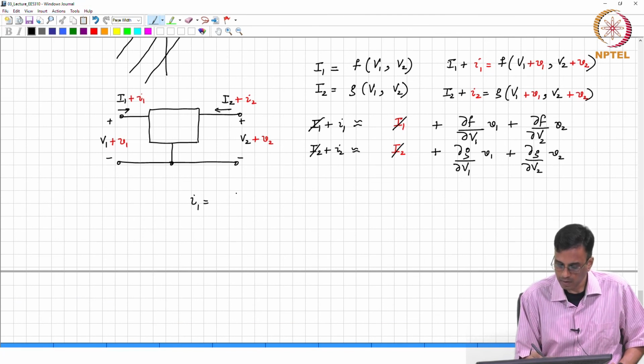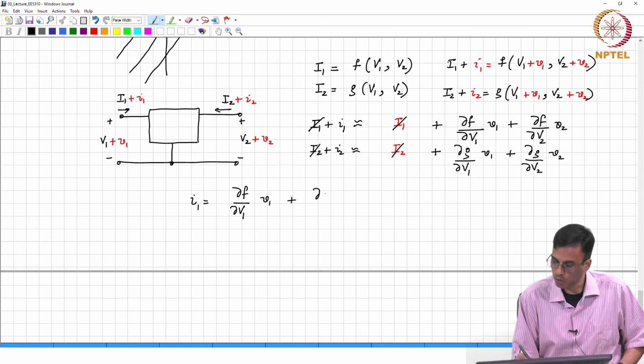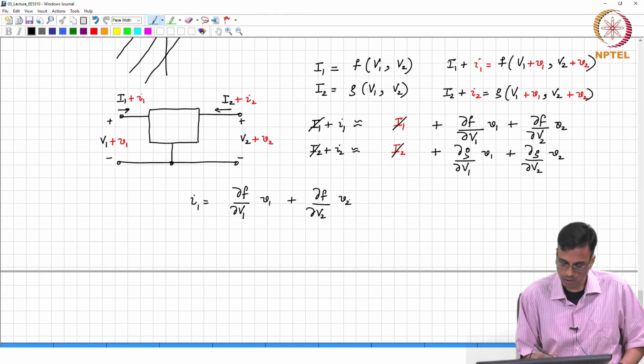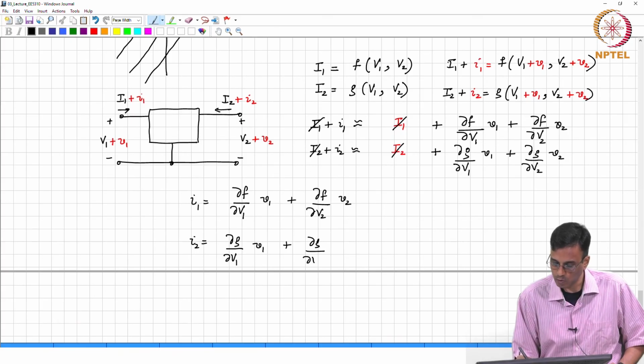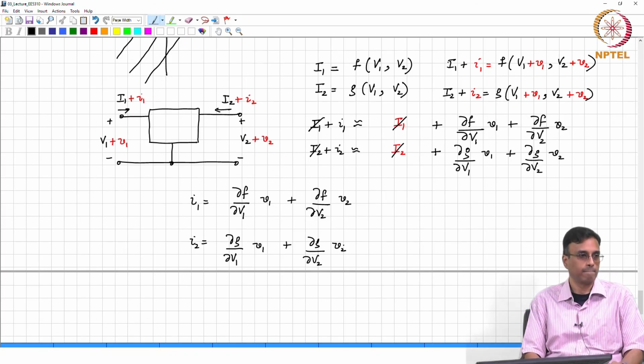Small I1 is dou f by dou V1 times small V1 plus dou f by dou V2 times small V2, and small I2 is dou g by dou V1 times small V1 plus dou g over dou V2 times small V2. Does it make sense, people?